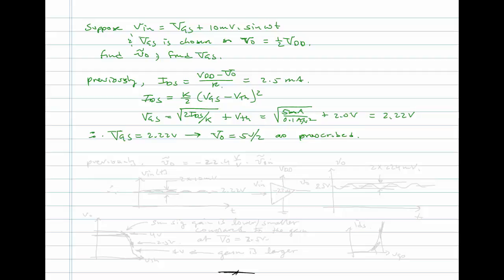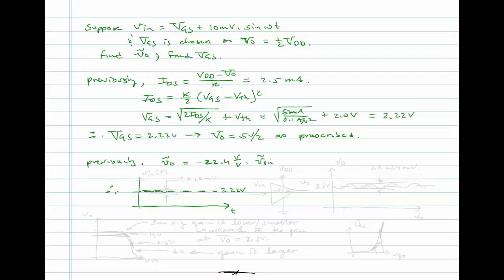Okay. Previously, we also found that little vo with respect to little vn was minus 22.4 volts per volt times little vn. Okay? So therefore, we would have at the input 2.22 volts, and we're going to put in a sine wave that's superimposed on that.